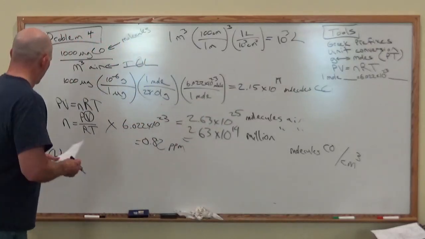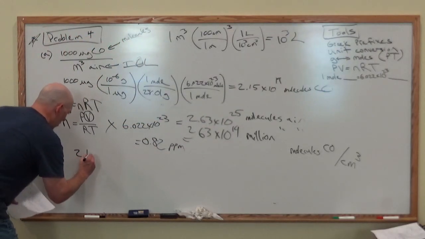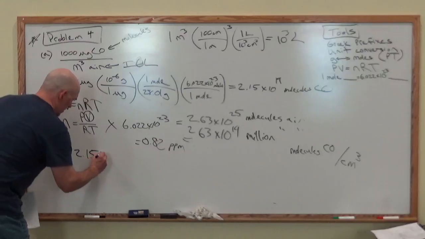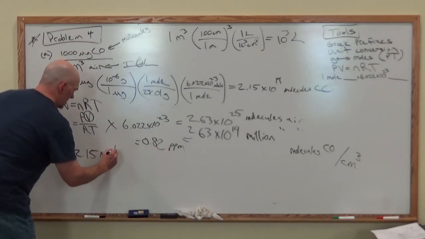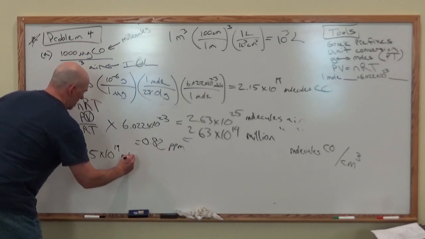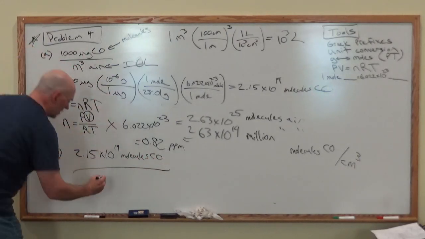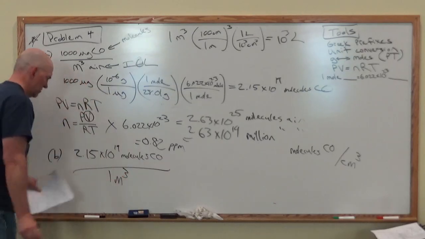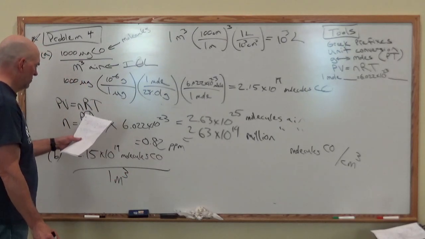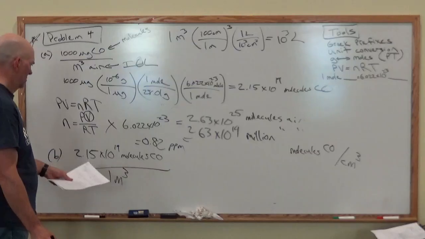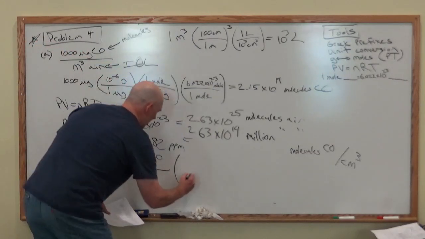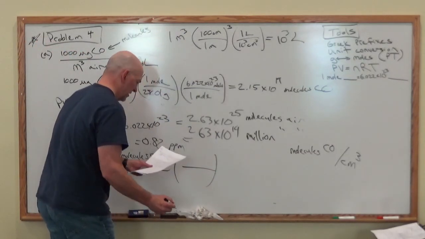We already have the molecules, so we already have the fact that it's 2.15 times 10 to the 19th molecules of carbon monoxide, and that's in the original number, a cubic meter. Is that it? That's all we have to do? Okay, yeah, all right, let's not make this harder than we need to.